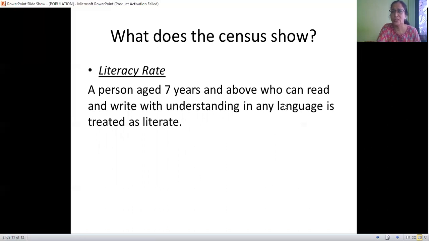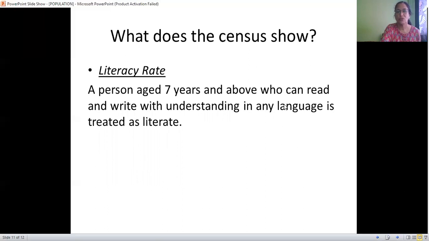Now the last is the literacy rate. A person aged 7 years and above who can read and write with understanding in any language is treated as literate. Right from independence, that is in 1947, the literacy rate was 12%. Then in 2001, it was 65%. It grew to 74% in 2011.